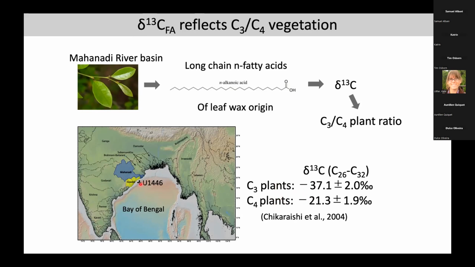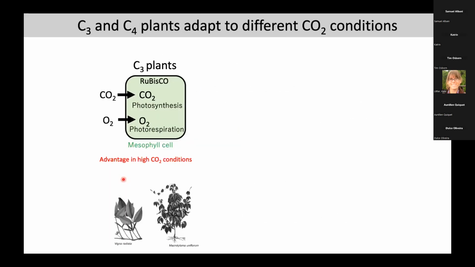The sediments were delivered from East India, the Mahanadi Basin, and the small coastal basins. So the carbon isotopes should reflect the C3, C4 vegetation in these river basins. C3 plants fix carbon from CO2 in the mesophyll cell by photosynthesis using the enzyme Rubisco.